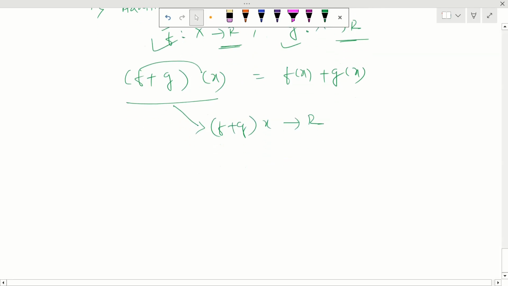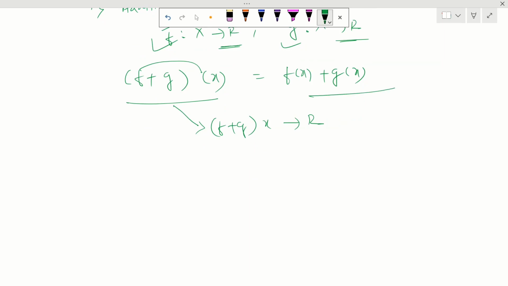So we have f of x plus g of x for all values of x belonging to R.